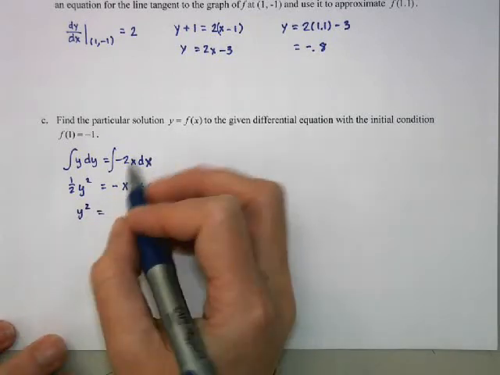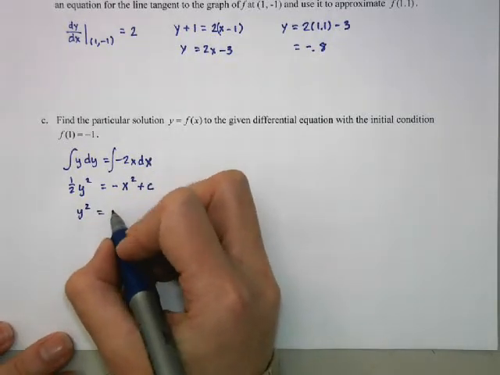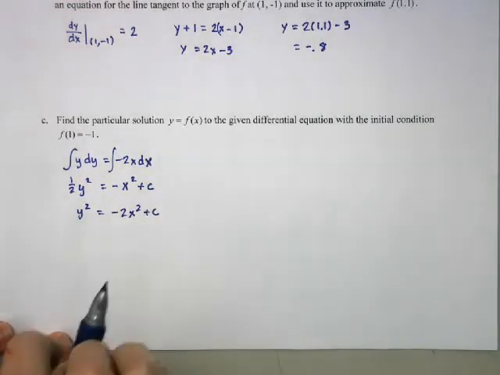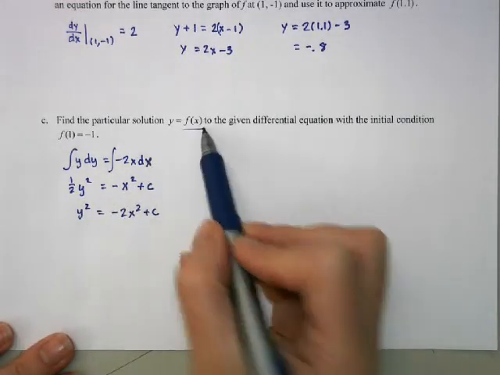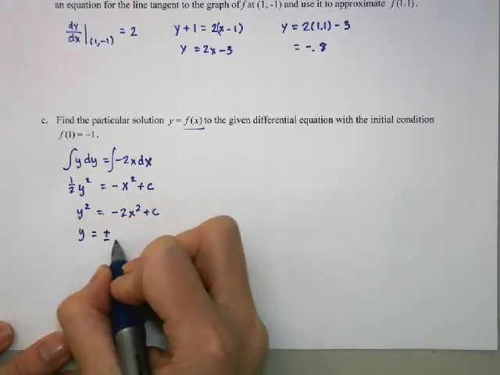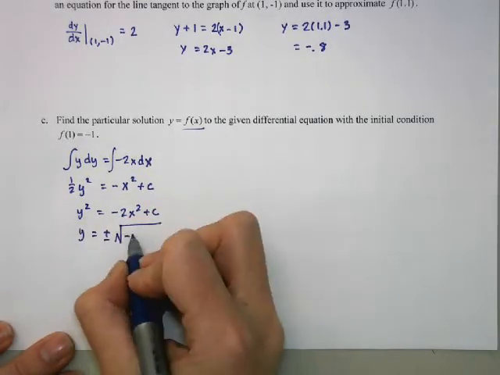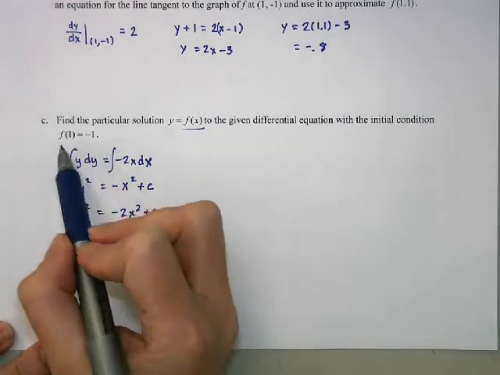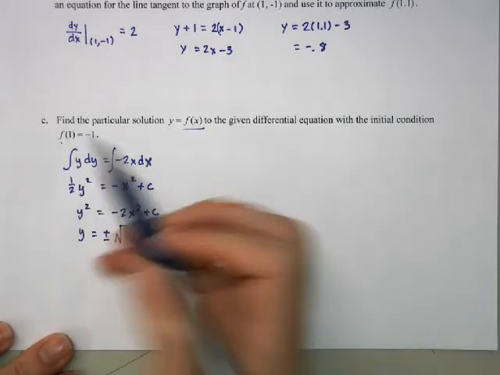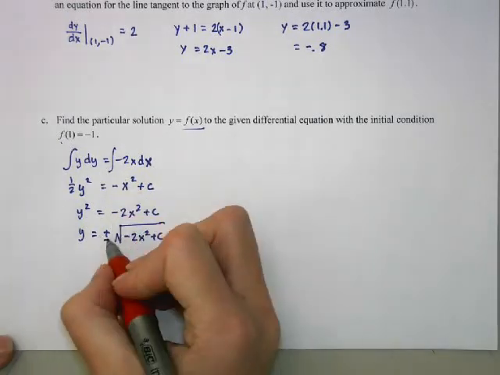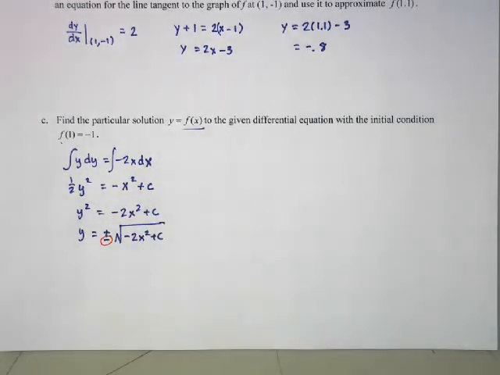So y squared equals negative 2x squared plus c. This one I am going to take the square root, because if it's y equals f of x, that means we have a function. So this is going to be plus or minus the square root of negative 2x squared plus c. Okay, our initial condition here is going to dictate whether it's the positive or the negative, which in this case is going to be the negative, because if I plug in a positive, we want our answer to be negative.